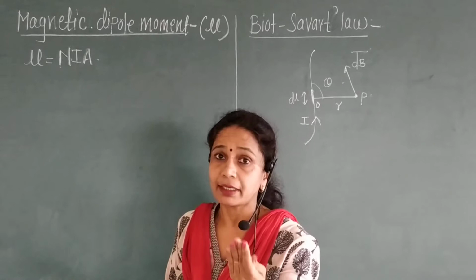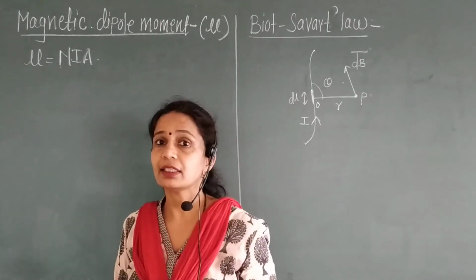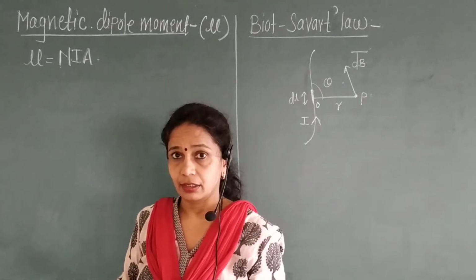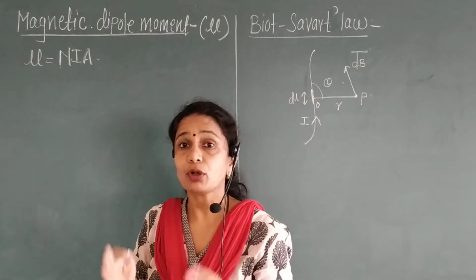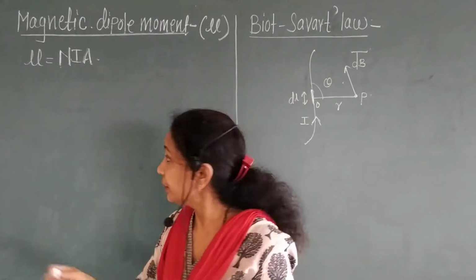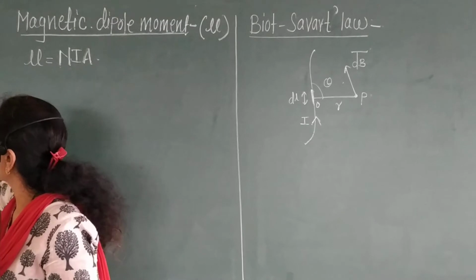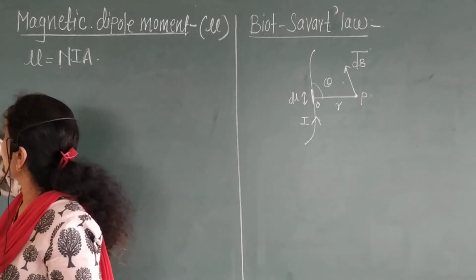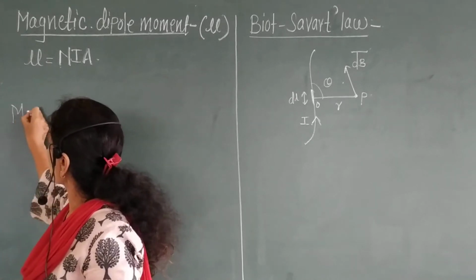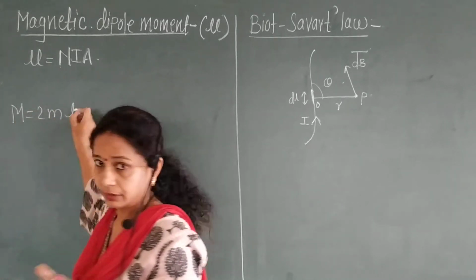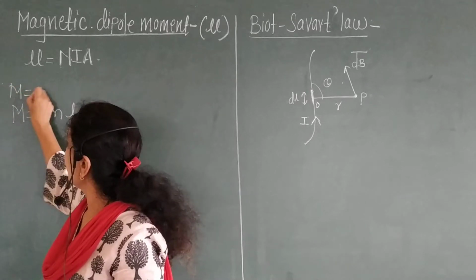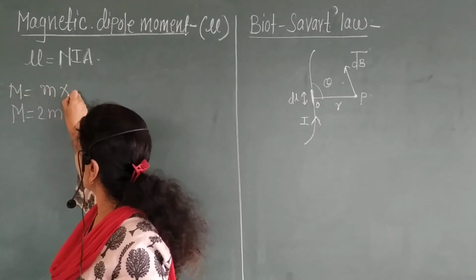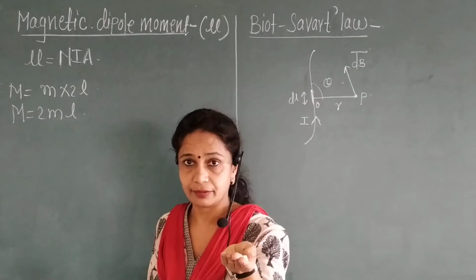Magnetic dipole moment is also a property of a magnet. Therefore, the magnetic dipole moment of a magnet is defined as M is equal to 2m into L. It is the product of the pole strength small m into the magnetic length.